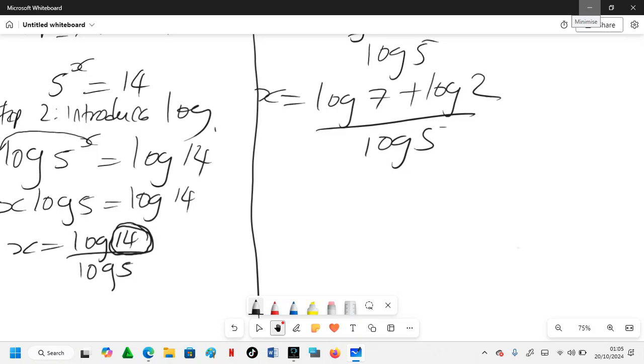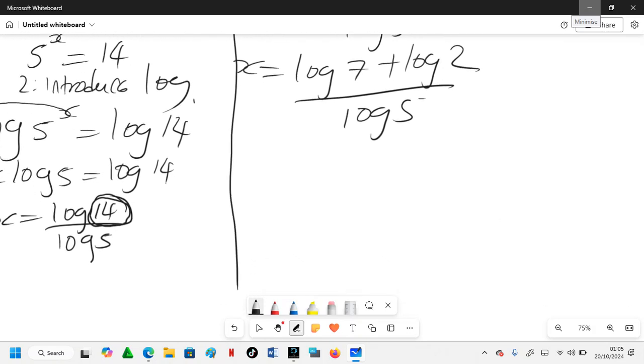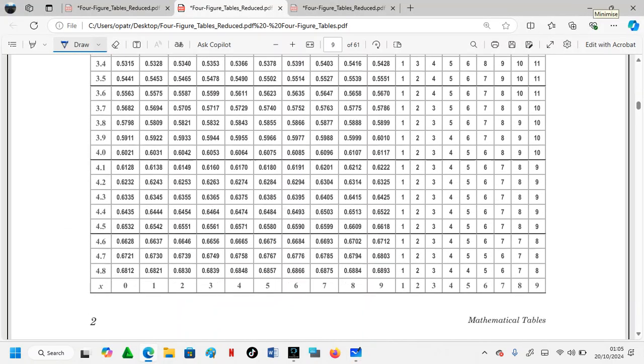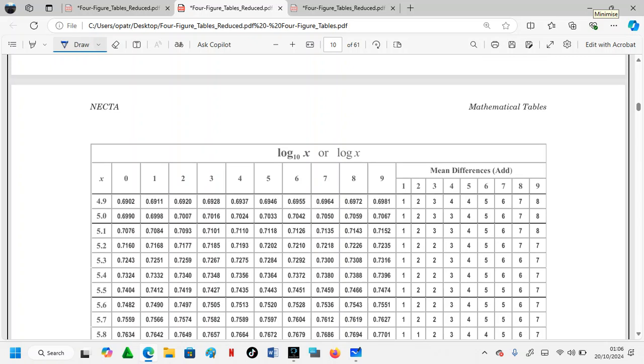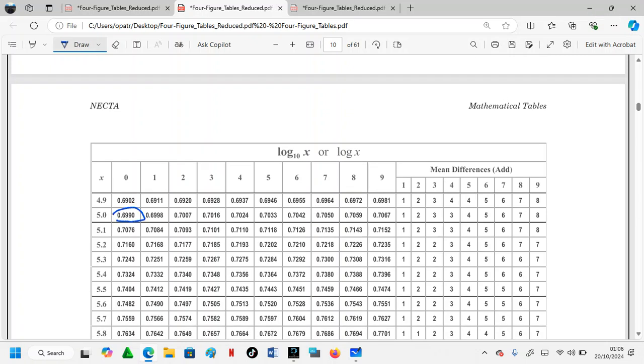So that we go and read that now from the tables. So I think log 2 is 0.3010. Log 7 and 5 you'll have to check. So I start with log 5, it's closer, 0.6990.